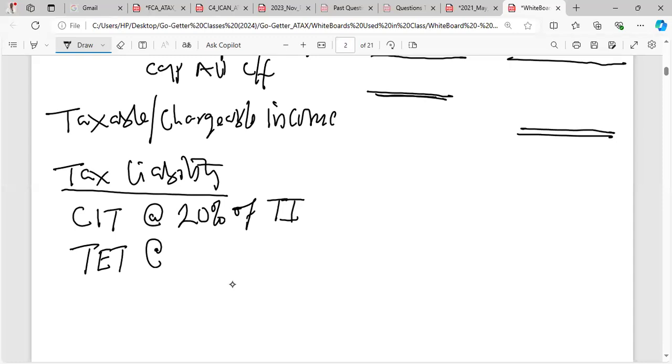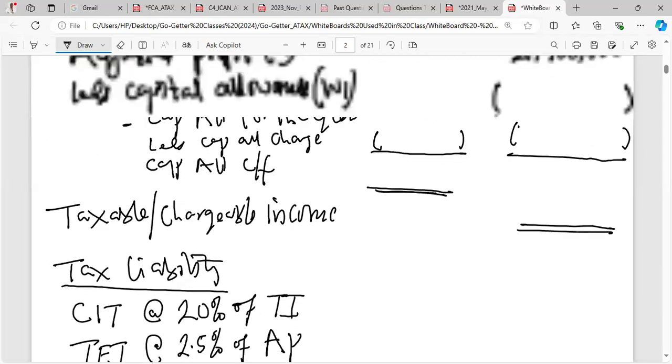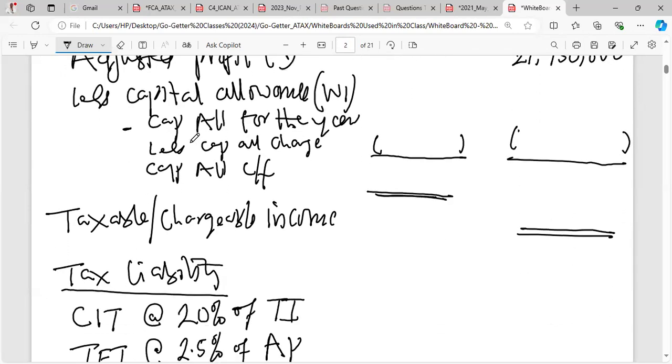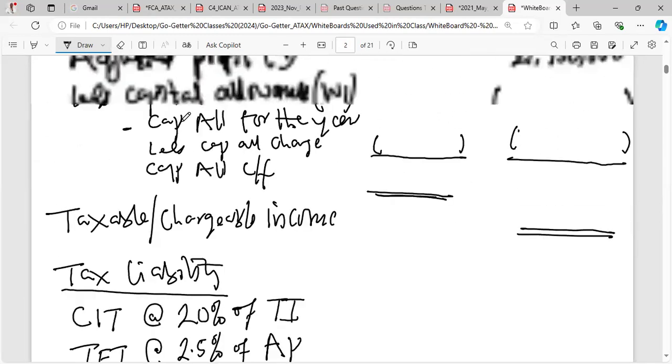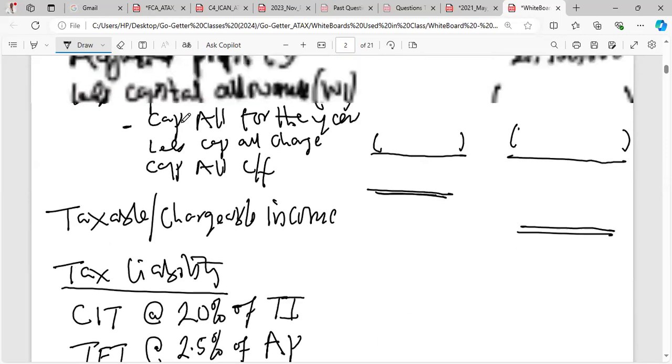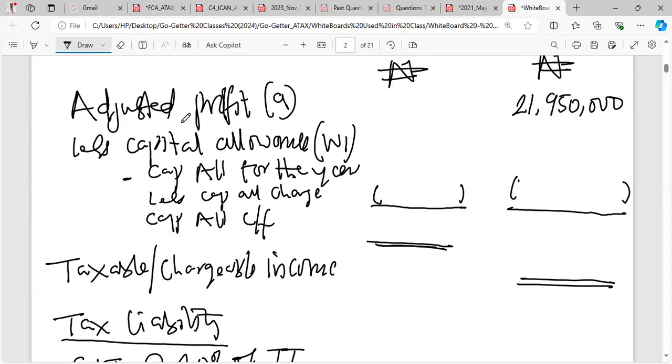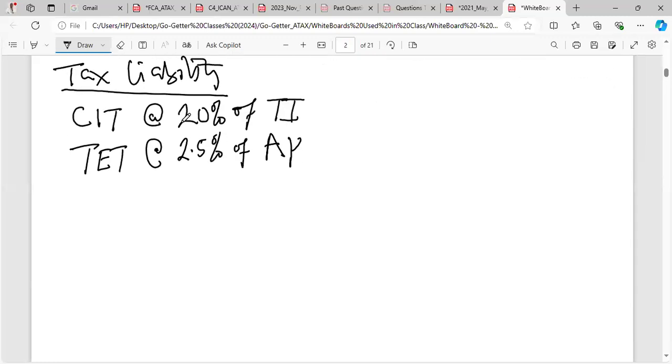Yes, 2.5% of adjusted profit or assessable profit, because this adjusted profit becomes our assessable profit as there is no loss relief. So we already know the answer here. 2.5% of 21,950,000.